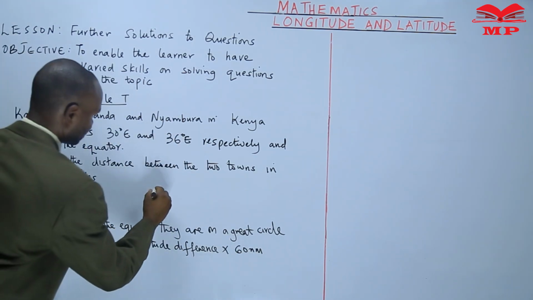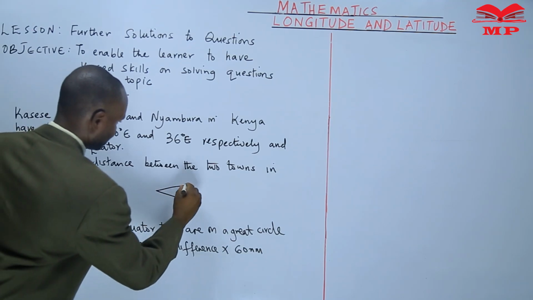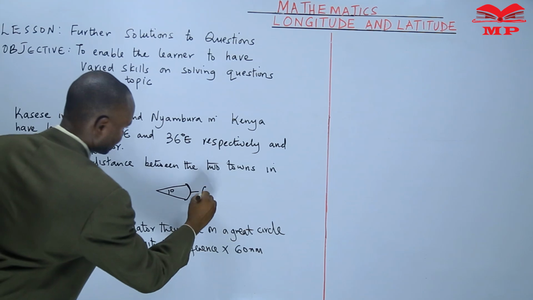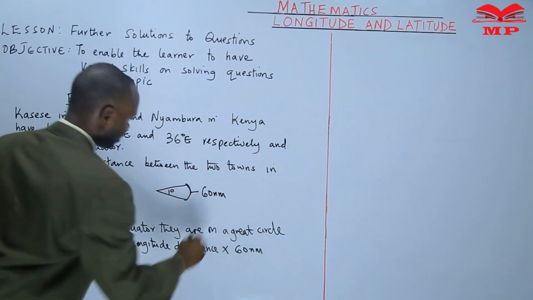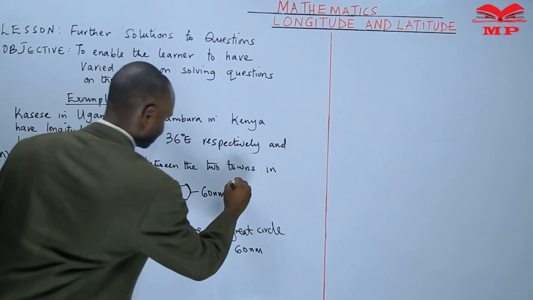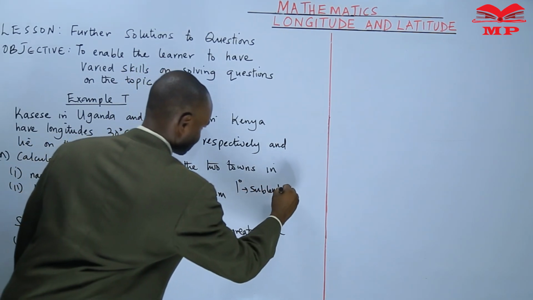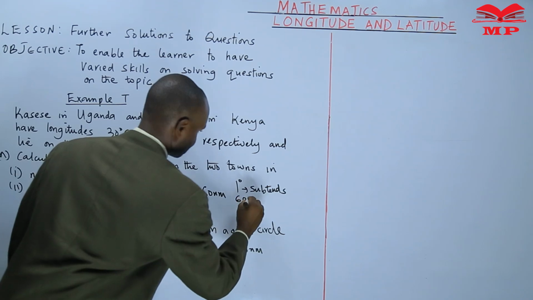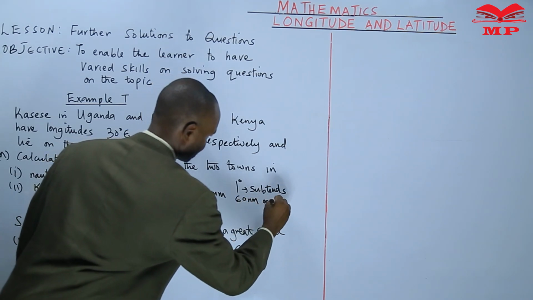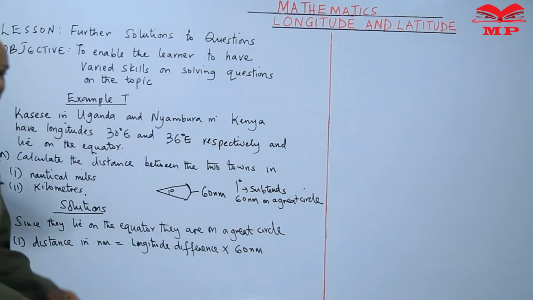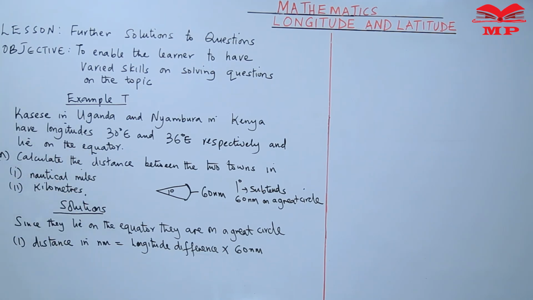Because I said on any great circle, 1 degree would subtend 60 nautical miles. That is very important. The equator is a great circle.